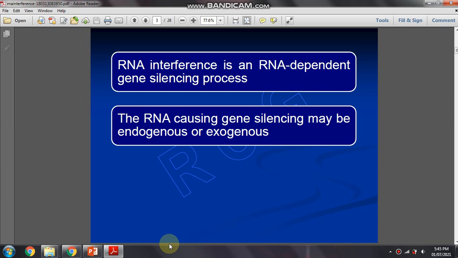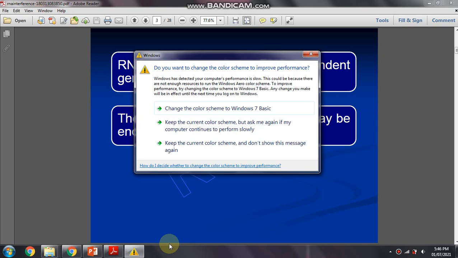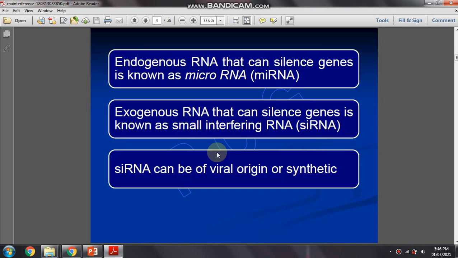Endogenous means the cell has its own RNA which is used for silencing, or the RNA comes from different sources, like from viral infection into the cell. Those RNAs are known as exogenous RNAs. Endogenous RNA that can silence genes is known as microRNA, that is miRNA.